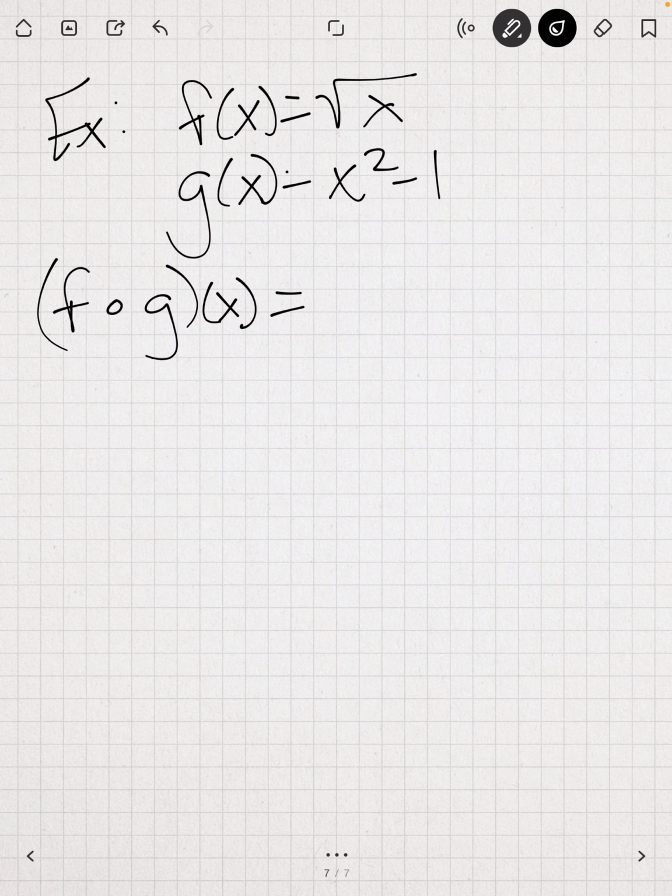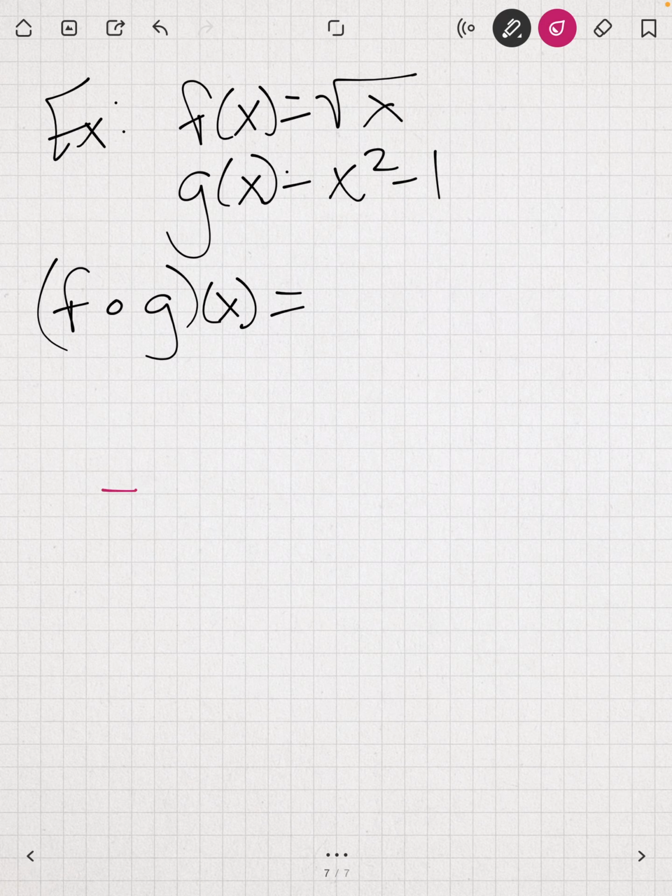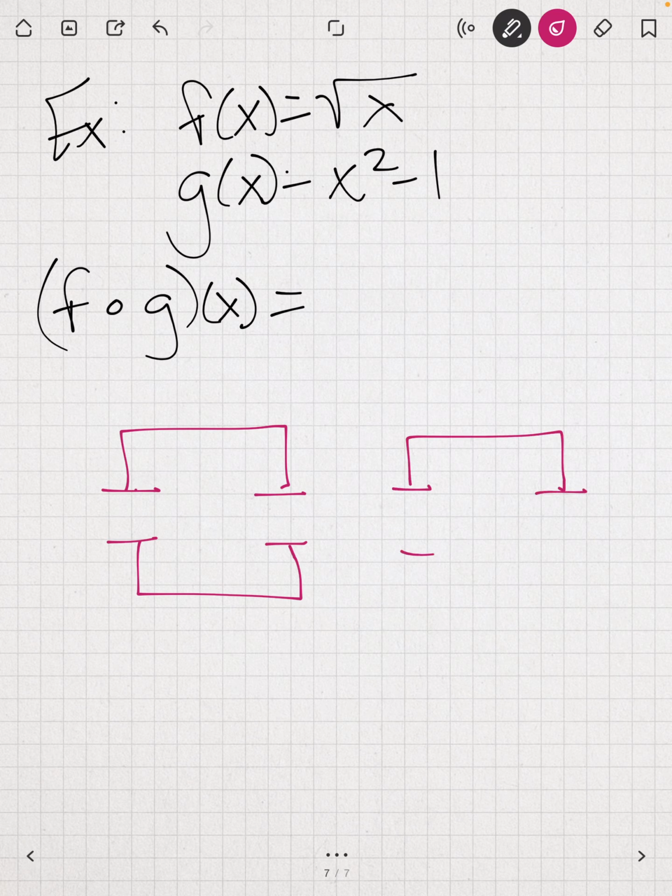I'm going to draw some things that maybe won't make sense at first, but we'll get there. These are like black boxes that have functions inside. I guess they're not black boxes, they're magenta boxes.